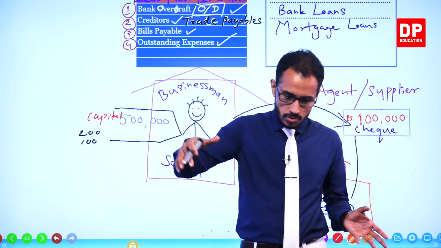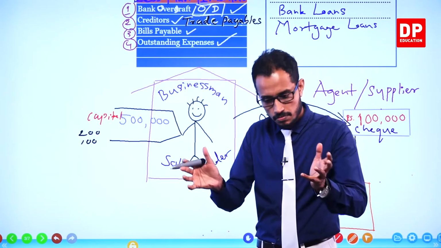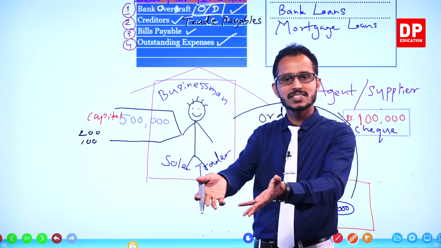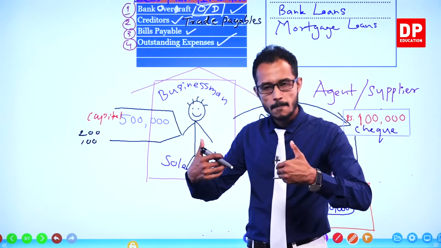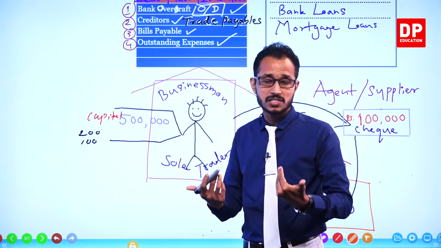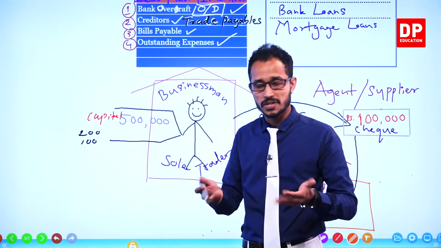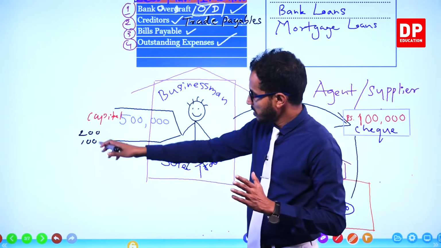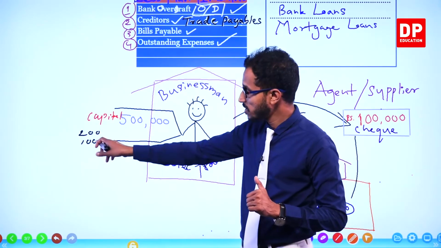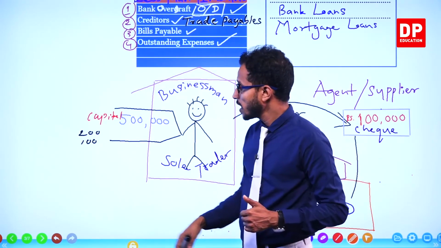I have given these assets to the business from my personal properties. I have brought in 200,000 of cash, 100,000 worth of equipment, AC machines and computers.